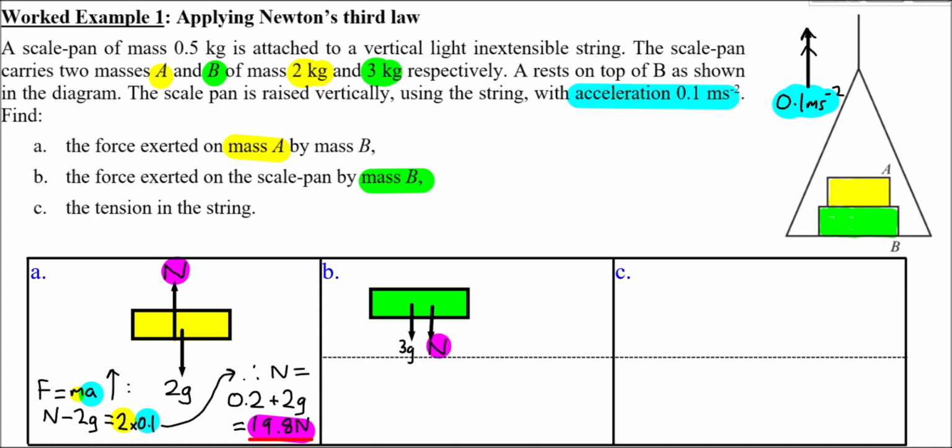So obviously, on B, there'll be a reaction from the scale pan on B, pushing B back up. So I'm going to label this R, and I'm labeling it R so it doesn't get confused with this N. So one way we can do it is to consider F equals ma vertically.